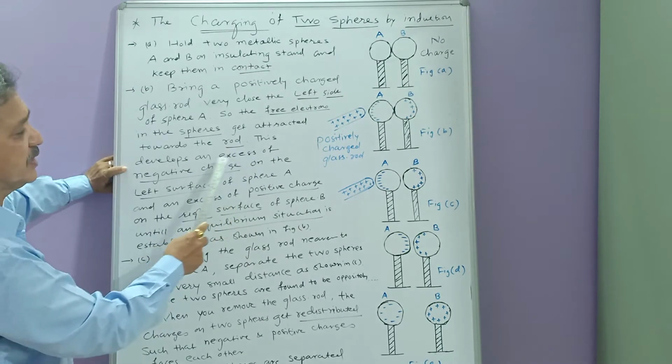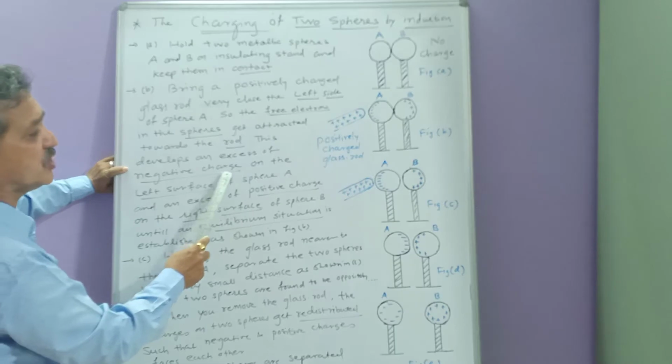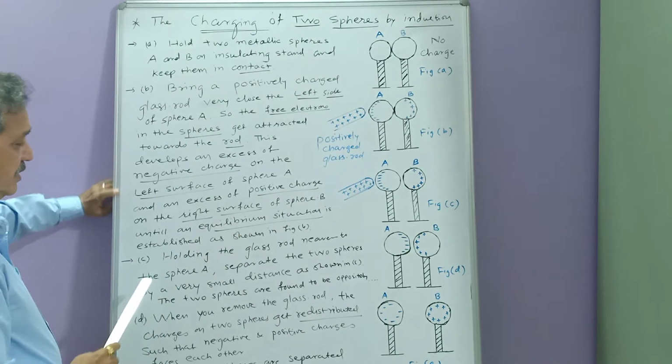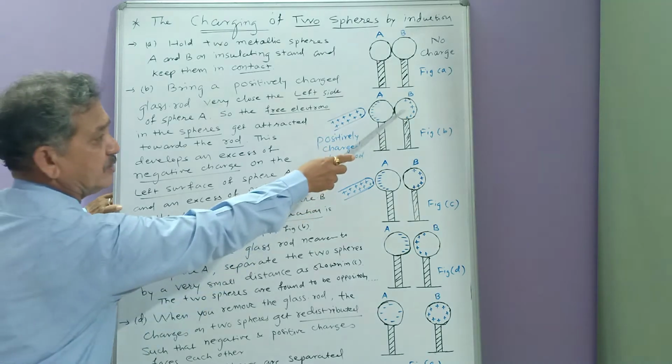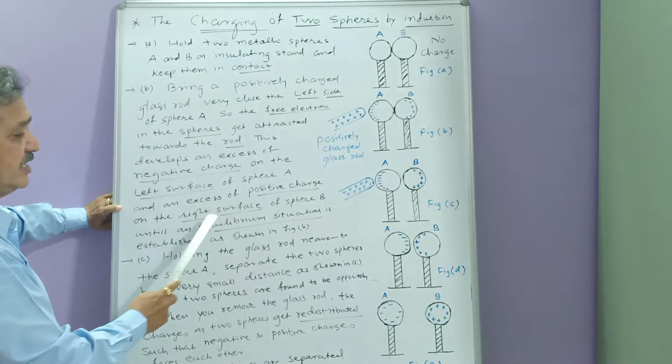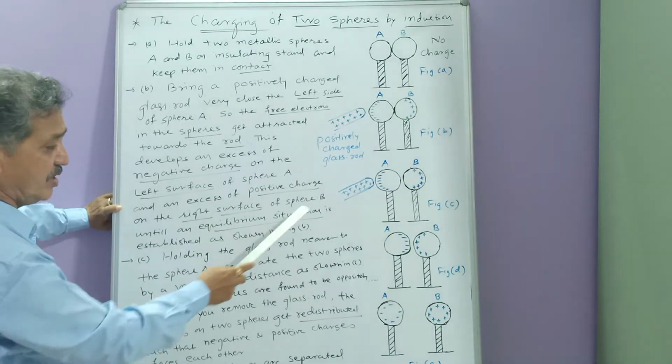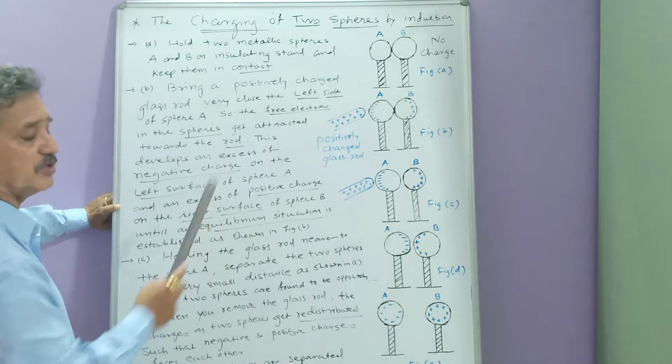This develops an excess of negative charge on the left surface of sphere A and an excess of positive charge on the right surface of sphere B until an equilibrium situation is established.